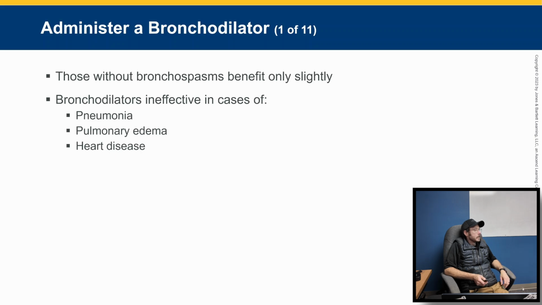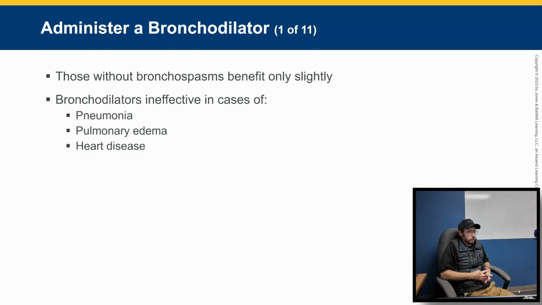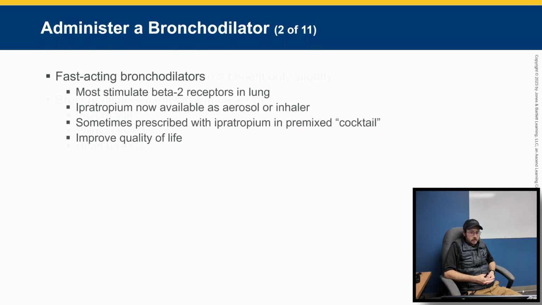But I'm using them in conjunction with the tool that is going to fix the problem, not just thinking of the first line treatment. So, fast-acting bronchodilators, what's our primary fast-acting bronchodilator? Albuterol.